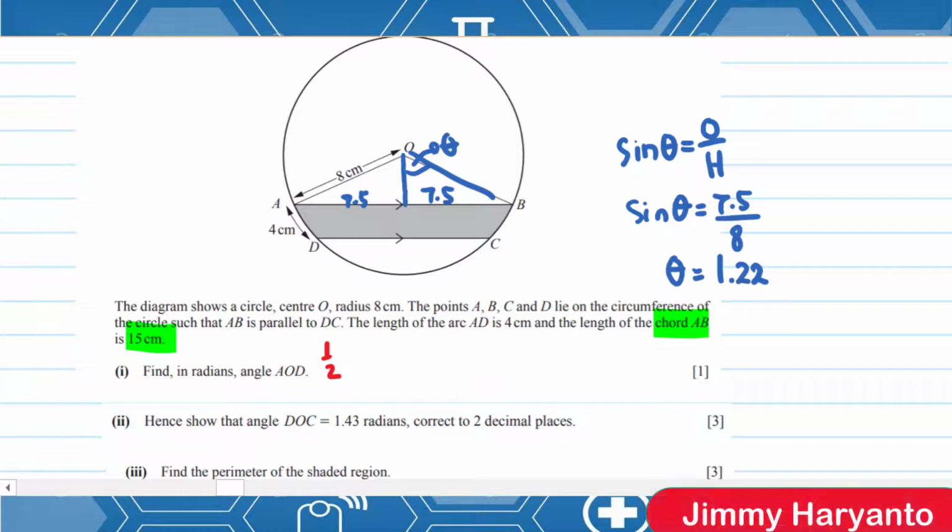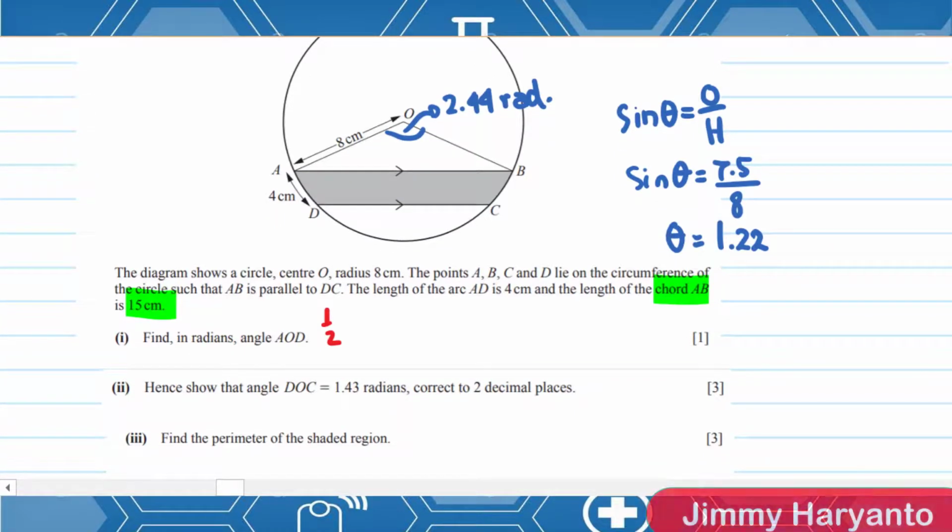Yeah, because this theta is 1.22 radian, I can tell that this angle of AOB is 1.22 times 2. It's 2.44 radian. Okay, we already have the angle of AOB. To find the angle of DOC, it's easy.